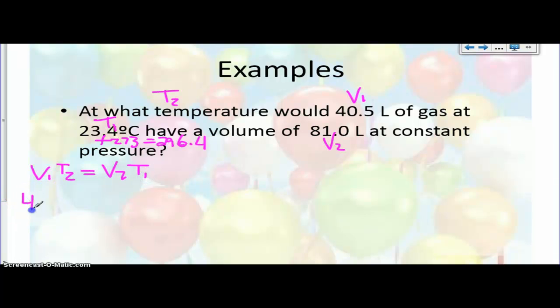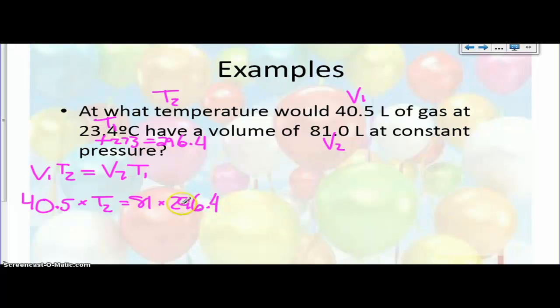All right, now we're ready to plug into our equation V1 T2 equals V2 T1. So V1 is 40.5. We're going to multiply that by our T2, which we don't know, is equal to our V2, which is 81, times our T1, which is 296.4. All right, now it's just a little math.